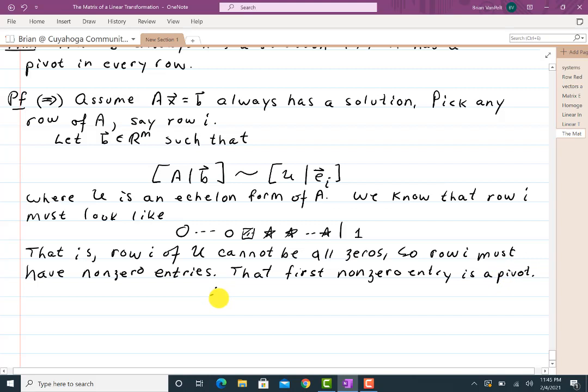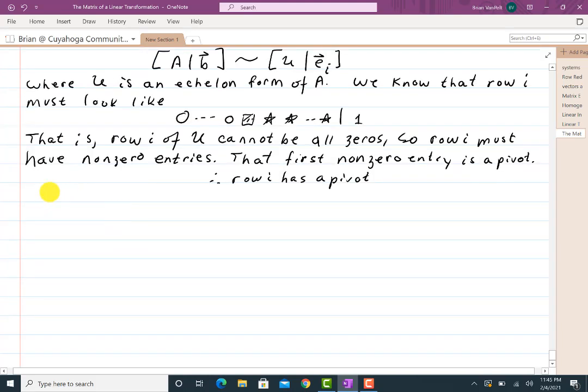So therefore, row I has a pivot. And since I was arbitrary, that means that every row of A has a pivot.